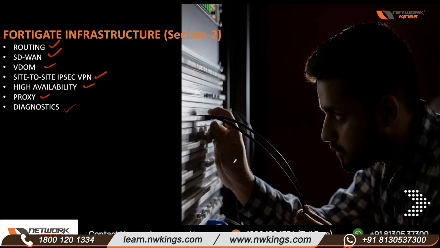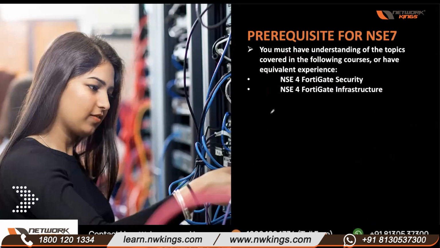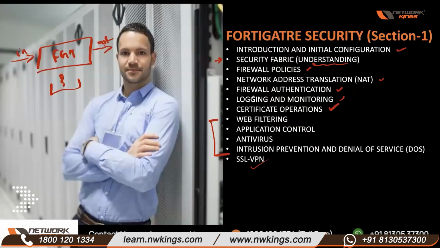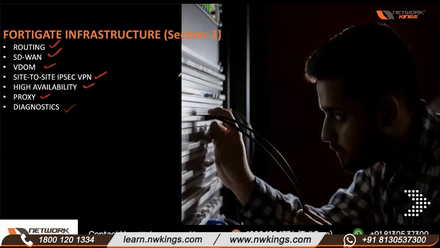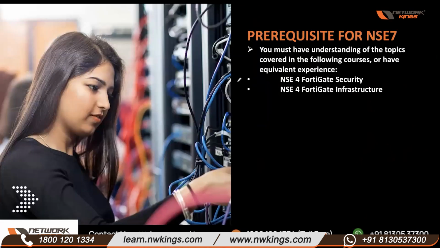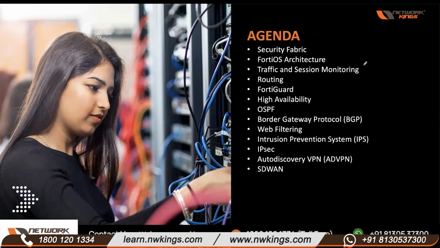Now, with reference to the topics you just saw in the NSE4, let me show you NSE7. NSE7 says you should have an understanding of NSE4 topics. Why does it say that? See the topics, it's exactly the same.